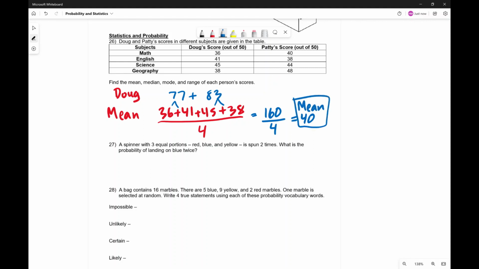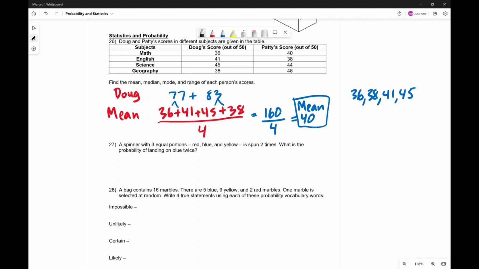Now we'll find Doug's median. To find the median, we have to have an organized list from least to greatest and then find the middle number. So to find the median, we will put the numbers in order. His lowest score is 36, followed by 38, then 41, and lastly 45.